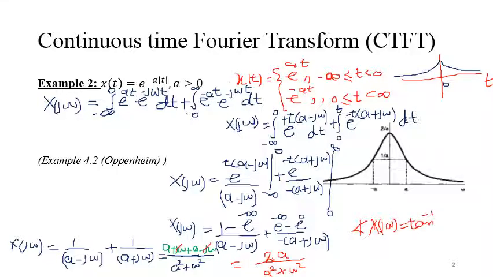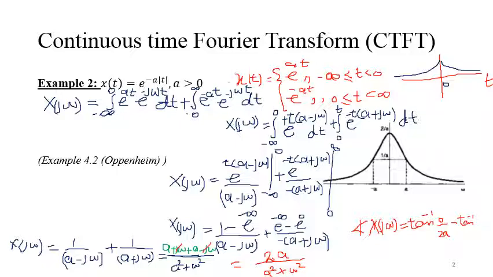If you look at the numerator, we don't have any imaginary part, so we have 0 over real, which is 2a. Because it's a denominator, we put a negative sign here, so that is tan inverse.